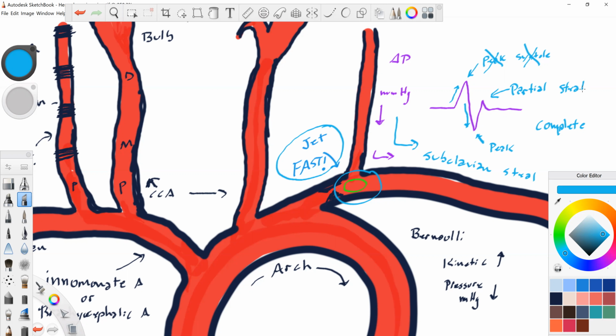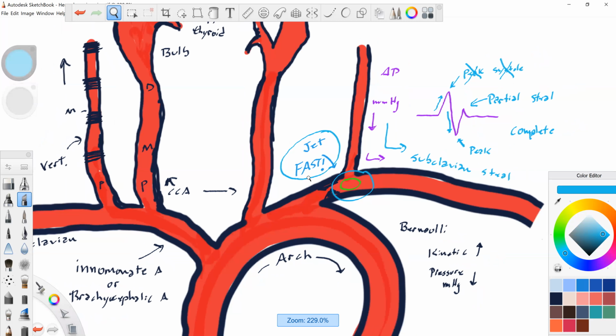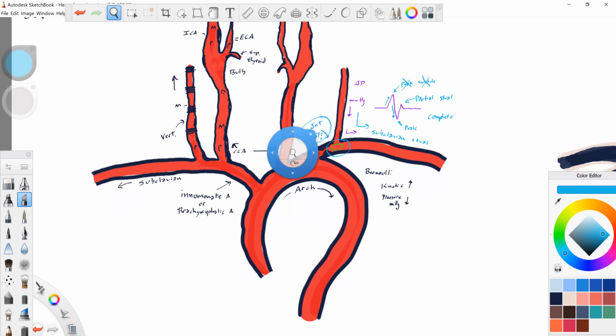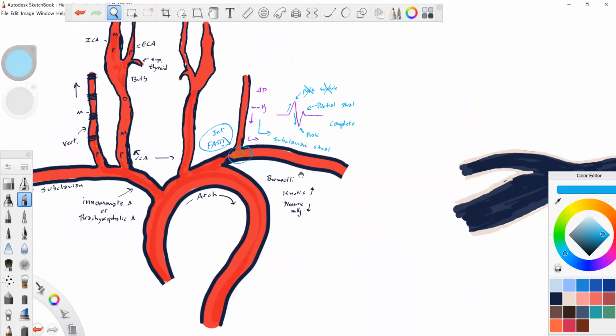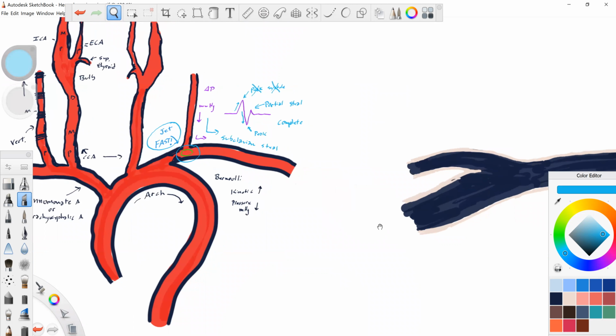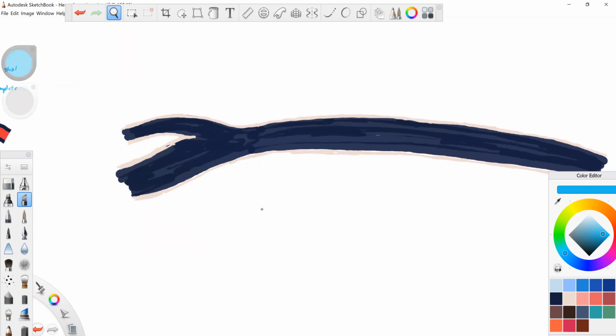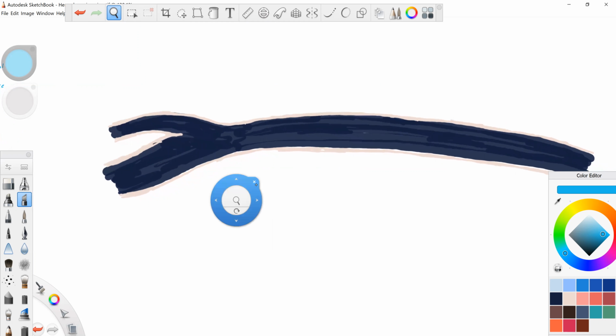Okay, let me back up here. So I drew a carotid artery here, anechoic lumen like we would normally see.